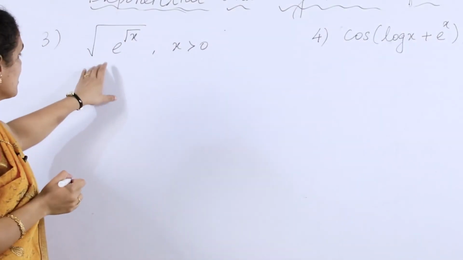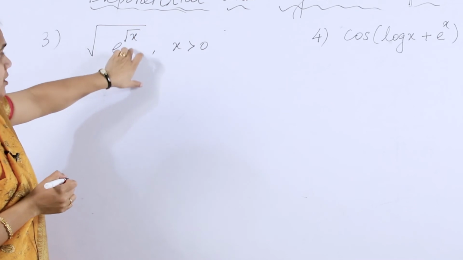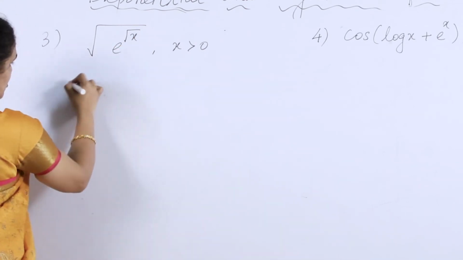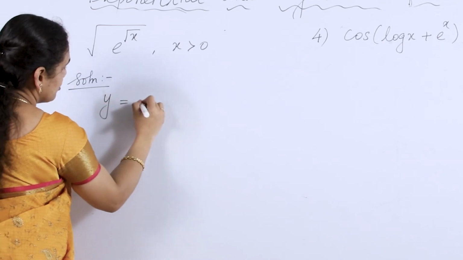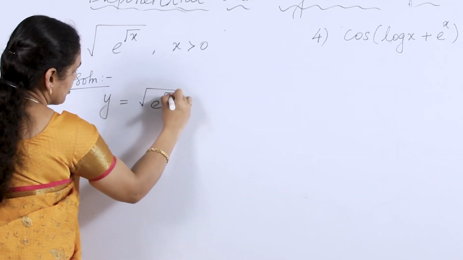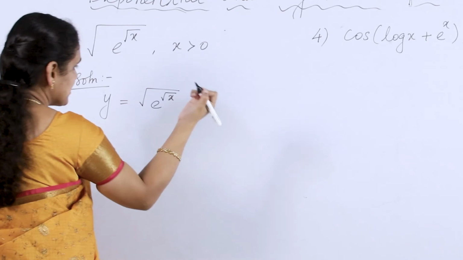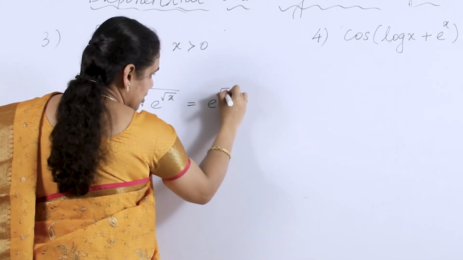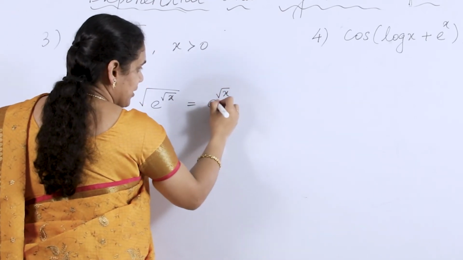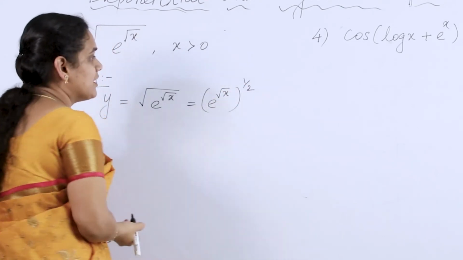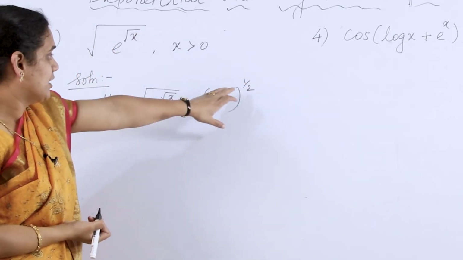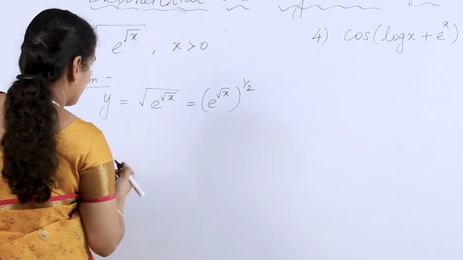Okay, the next problem is root over e to the power root x, right? So we will differentiate this one. Y is equal to root over e to the power root x. So this can be written as e to the power root x whole to the power half, right? Easy to differentiate. That's why we write in this way, root half in the power.